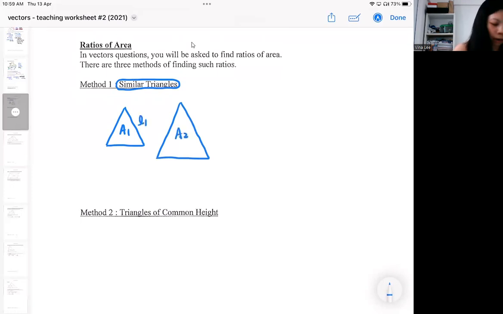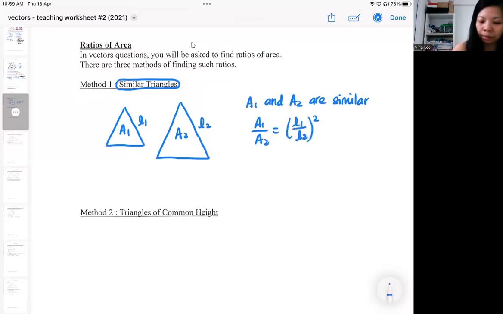When two triangles are similar, if you still remember, their area ratio is the length ratio squared. So if they are similar, you just take the length ratio and square it. That's one of the easier ones.